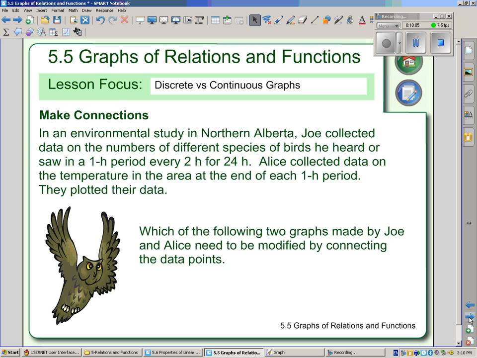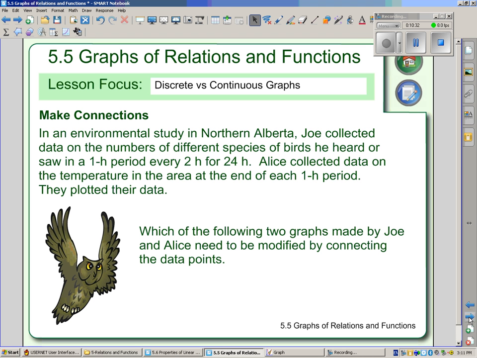Okay, so we had two people, they were out dealing with owls. In an environmental study in northern Alberta, Joe collected data on the number of different species of birds that he heard or saw in a 1 hour period every 2 hours for 24 hours. And then Alice collected data on the temperature in the area at the end of each 1 hour period, and they plotted their data.